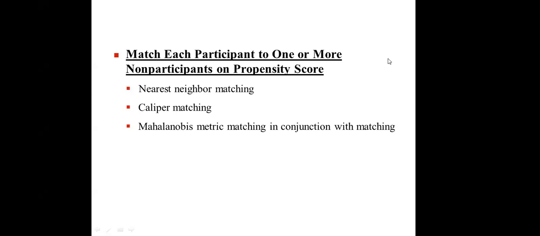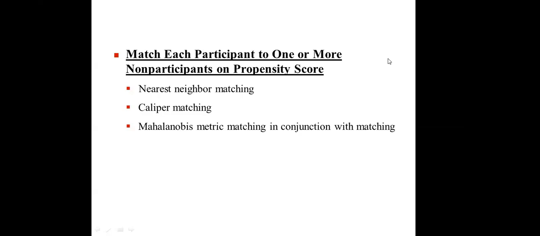So there's probably more than 3 methods for matching, but one is the nearest neighbor matching. Nearest neighbor matching would be, if you had a small data set, you could do this yourself. You would take a case or someone who is treated, who has a propensity score of, say, 0.84, and you would look at the control person who had the propensity score closest to that.